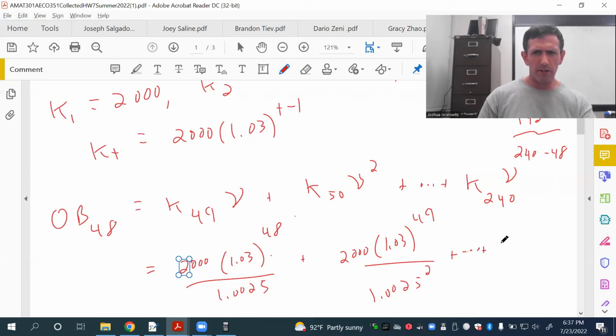All right, last but not least, 2,000. I should be able to fit this. 1.03 to the 192. Sorry, to the 240, over 1.0025 to the 192.